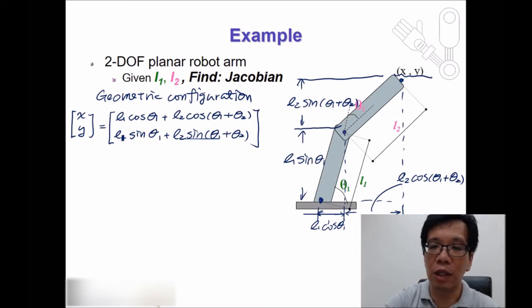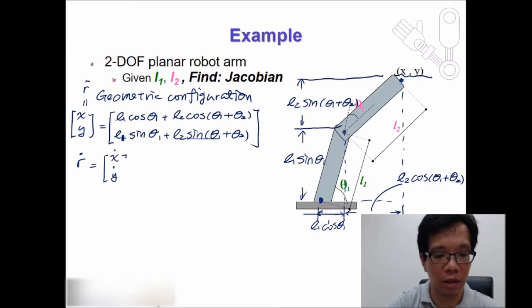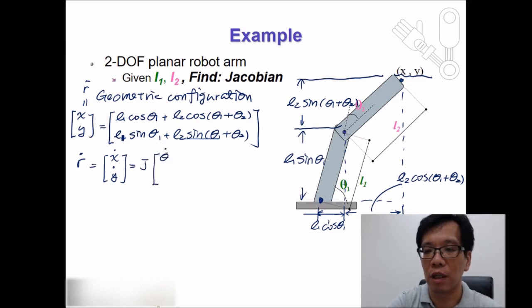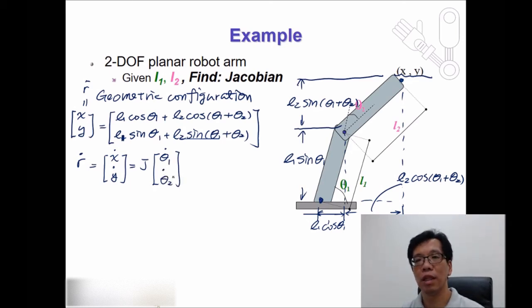So the next thing we need to do is, let's say I have this as my r. Then I have r dot, which is x dot, y dot, and we try to find the Jacobian for theta 1 dot, theta 2 dot. This is just based on the definition of the Jacobian matrix.